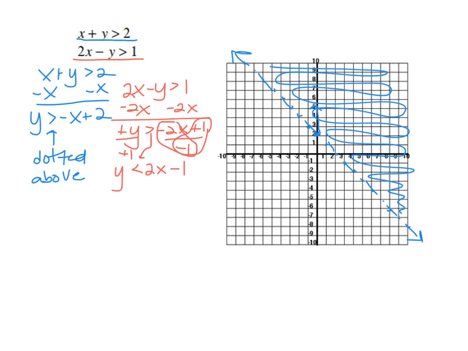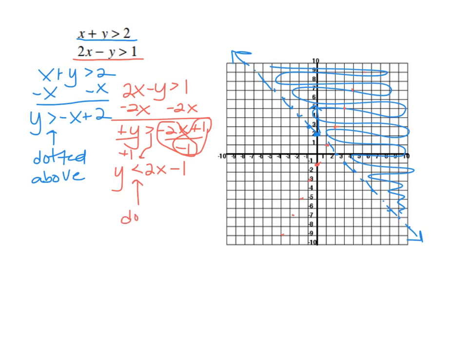That's going to change how we graph this inequality. Now I'm going to start at negative 1 on the y-axis, a slope of 2, I'll count up and over. We'll go all the way up like so. The other direction, down 2, 1 to the left, like so. Now this inequality is just less than.